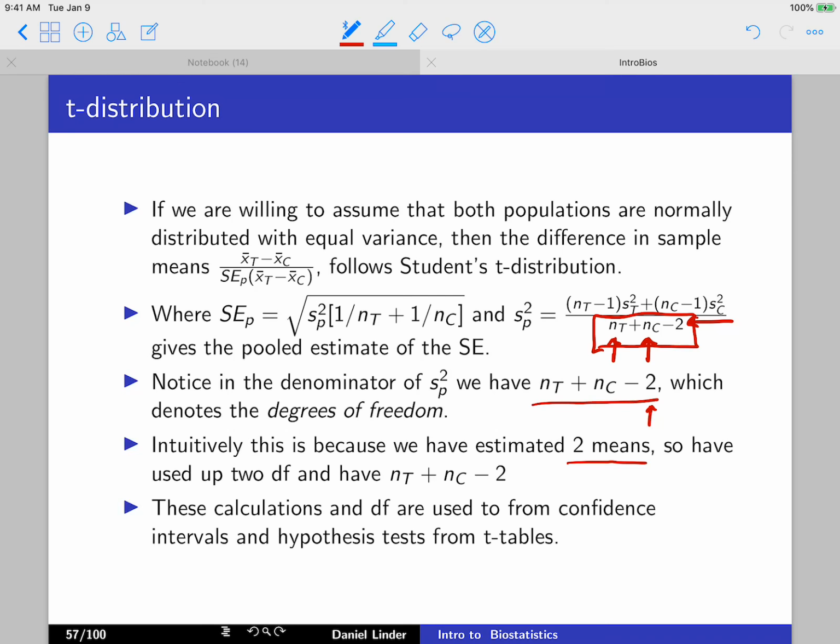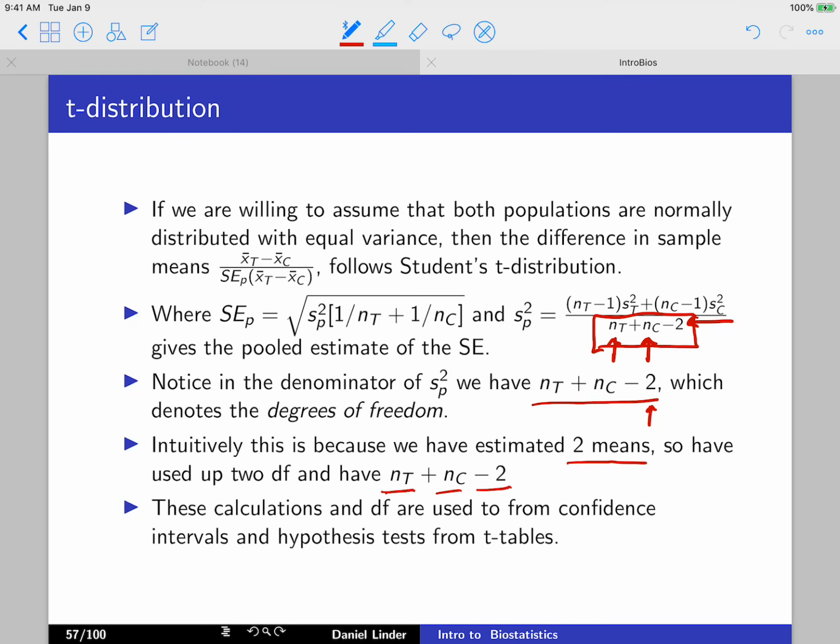In the previous example, when we gave the intuitive reason for why we divide by n minus 1 when computing the sample variance, it's because we used up 1 degree of freedom when we estimated the sample mean, which was required for the sample variance formula. Same kind of intuition here. We're subtracting 2 from the total, right?